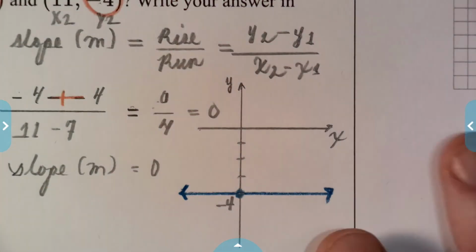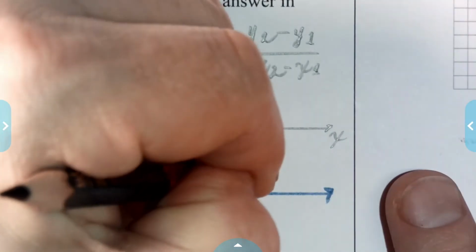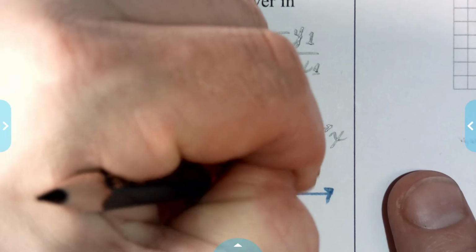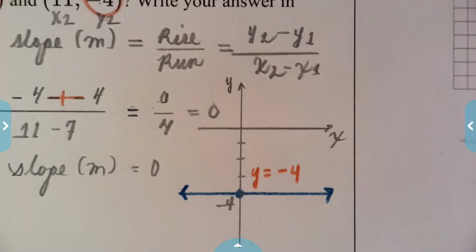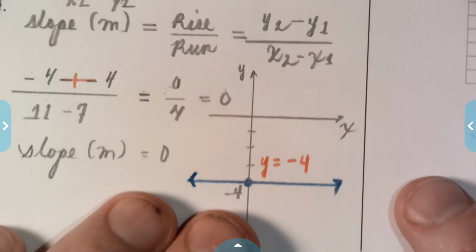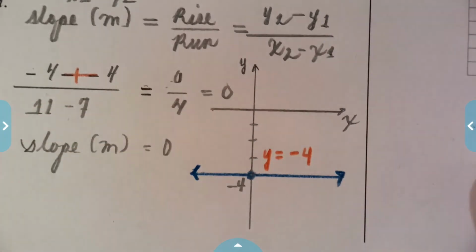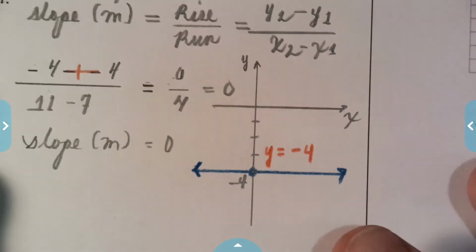And the equation of that line would be y equals -4. Okay, and it has no slope. You can think of the slope as an incline or a decline. There's no slope. Okay, and that's number 8.